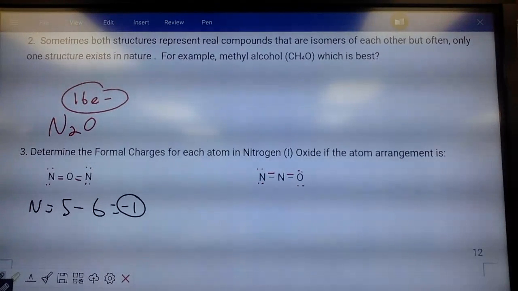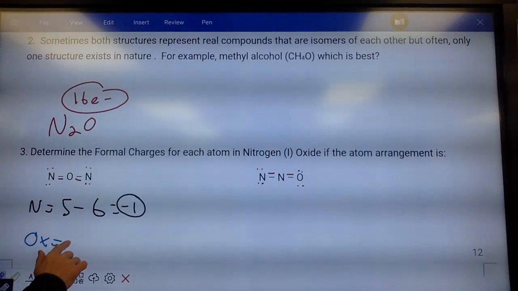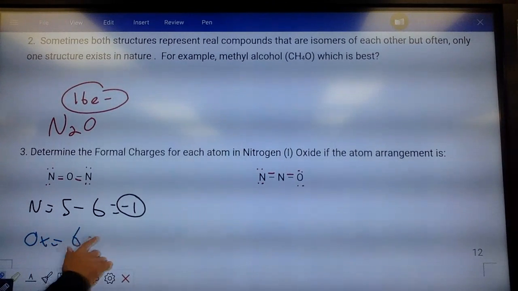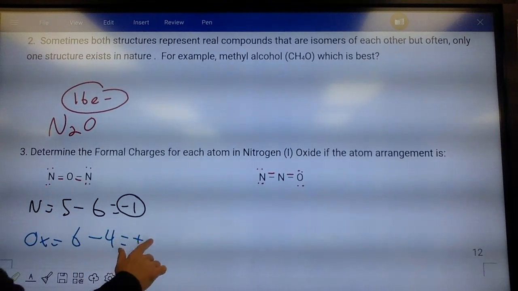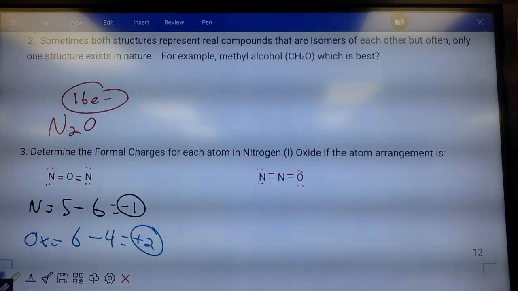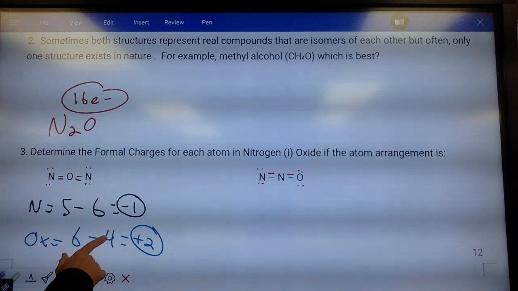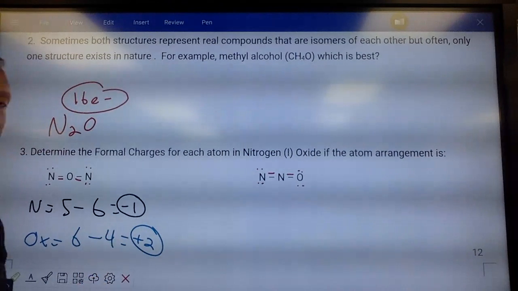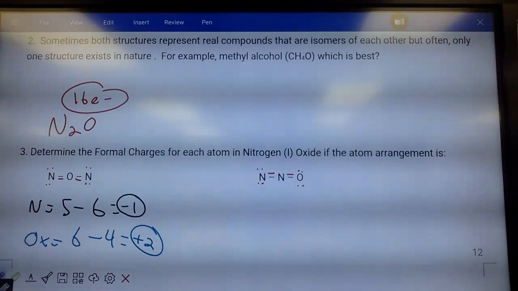And oxygen would be 6 minus 1, 2, 3, 4, positive 2. Remember, the more electronegative element, closer to fluorine in the periodic table, should have the negative charge. Well, oxygen is the more electronegative element. It should have the negative charge then, on normal negative formal charge.